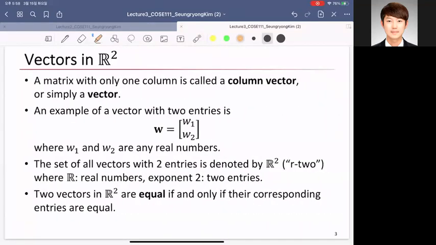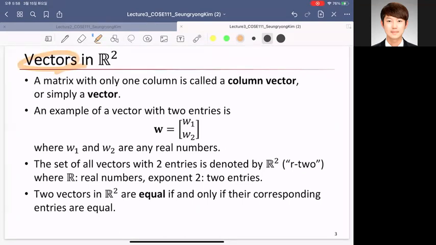When I asked you in lecture 1, some of you were not familiar with the definition of the vector. So I would like to start with the definition of the vector. But it's very, very easy if you understand the matrix fully. So what is a vector?